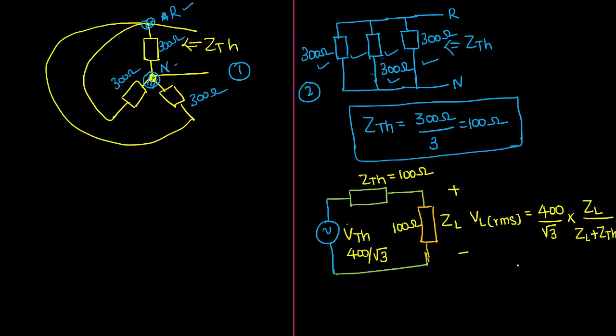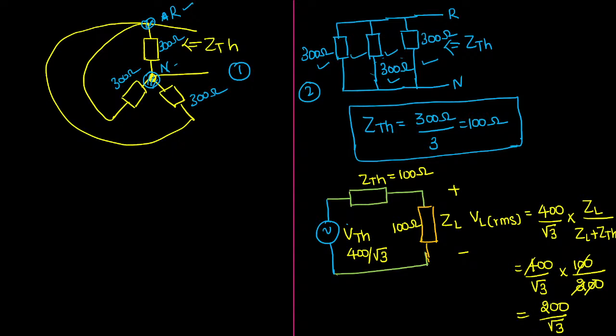So what will you obtain? It will be 400 upon square root of 3 into 100 upon 100 plus 100, which is 200. So it will be 1 by 2. If we cancel it, finally you will come up with 200 upon square root of 3 as your correct answer. Now tell me the value of 200 upon root 3.